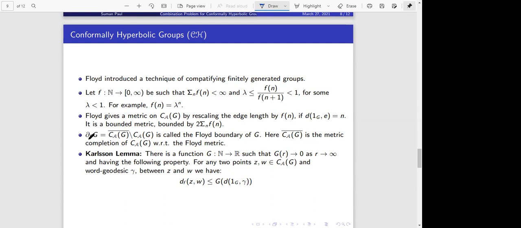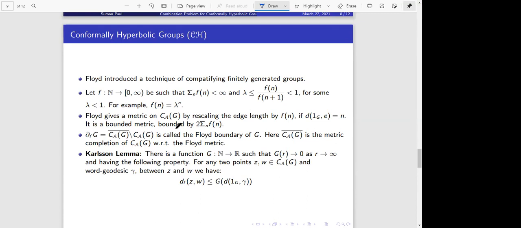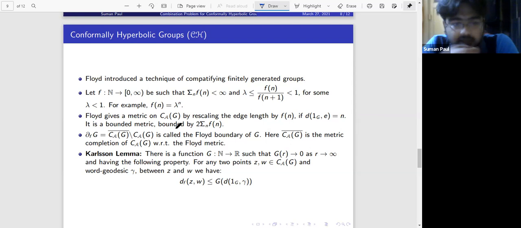But you can show that if two functions are well behaved, then the metrics will be different, but they will be equivalent, I think. Equivalent in the sense of a metric. I see.